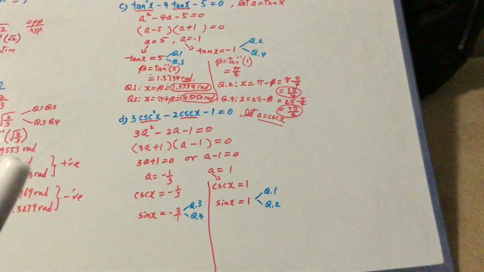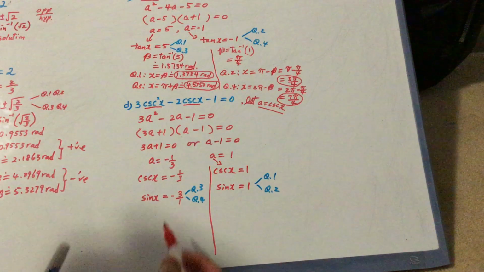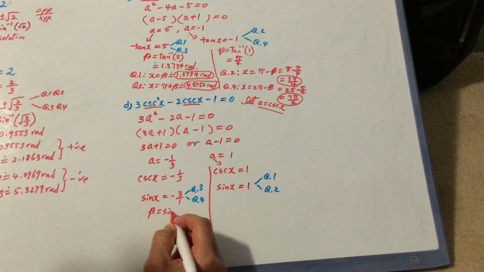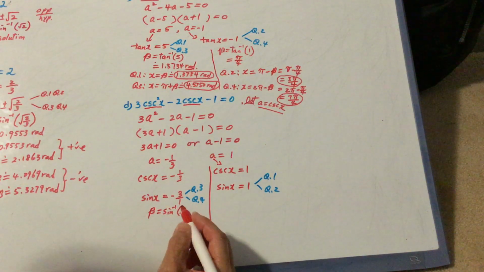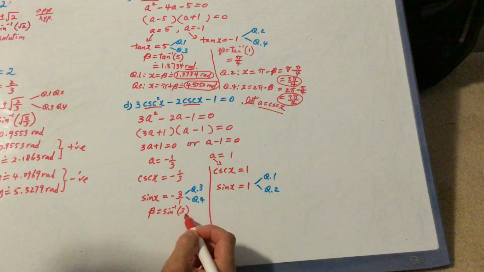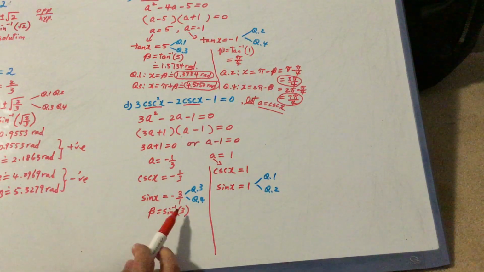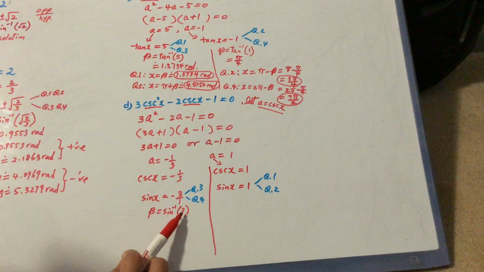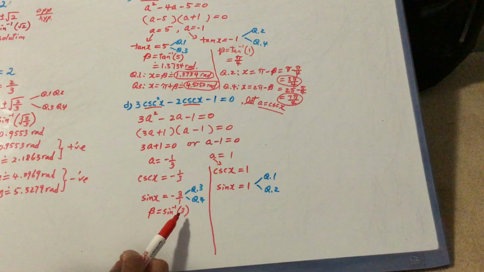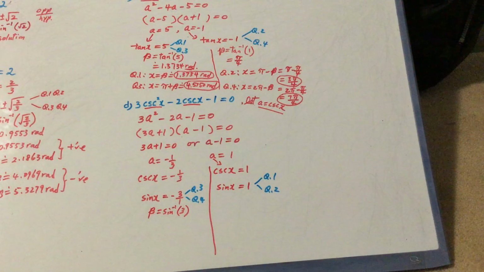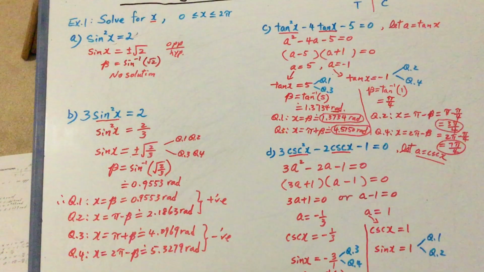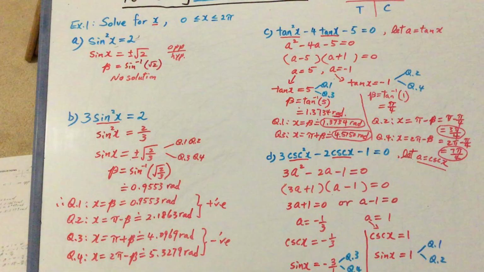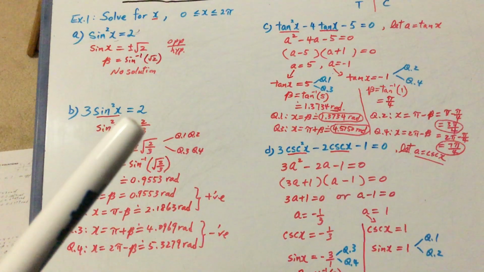Now, to finish it off, all I need to do is find the related acute angle beta by taking the inverse of the sine with the 3 in it. Because this is not a decimal, opposite over hypotenuse, I'm supposed to get some decimal. So this will be similar to our example A. When you have the inverse of a sine ratio that is greater than 1, that means there's no solution.